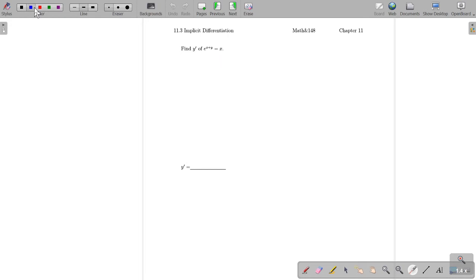So let's start this. The first one, we'll take the left side. The derivative of e to the x plus y, of course, is e to the x plus y times the derivative of the exponent, which is 1 plus y prime, equals the derivative of x, which is 1. So I'm going to have to distribute this to each part. So e to the x plus y plus y prime e to the x plus y equals 1.